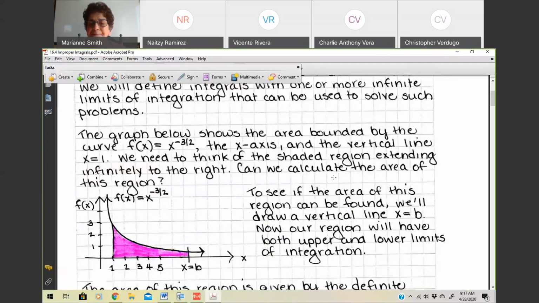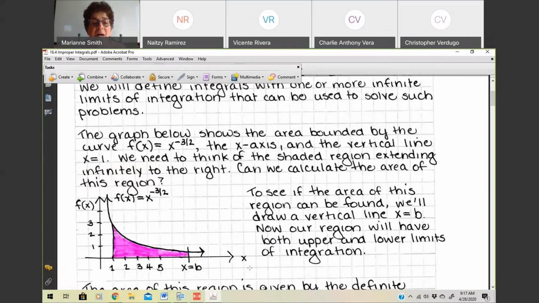Now, to see if the area of the region can be found, we're going to draw this vertical line, and now we have both a lower and upper limit for integration. What I mean about can it be found is, is it not infinite?